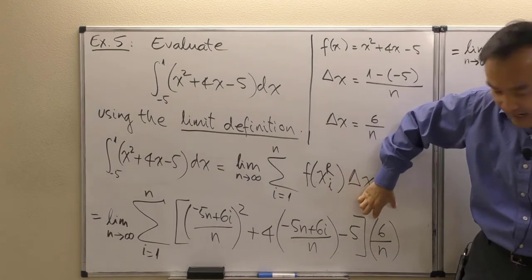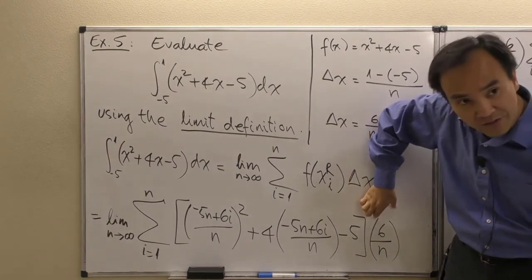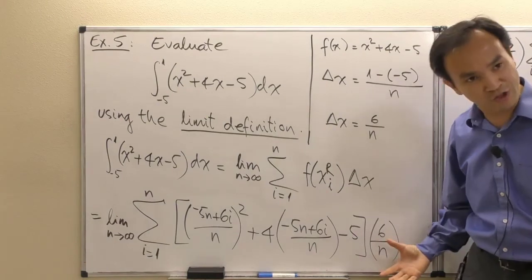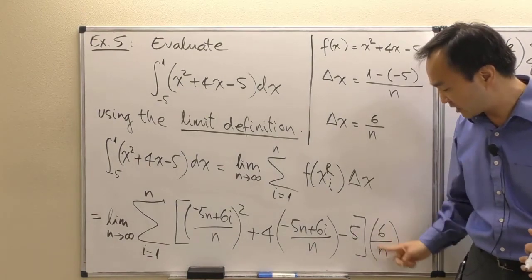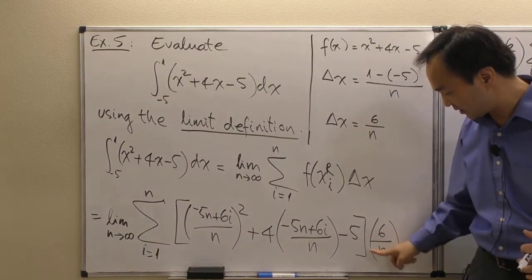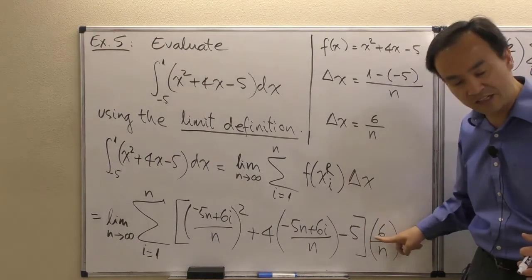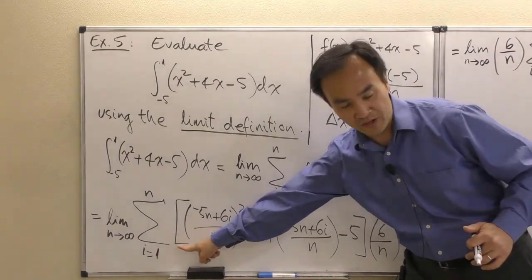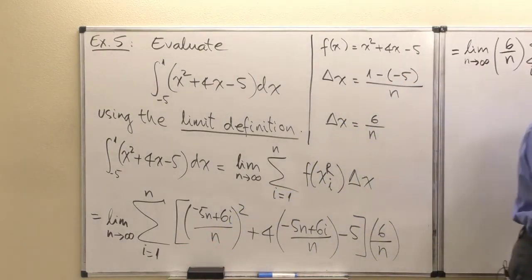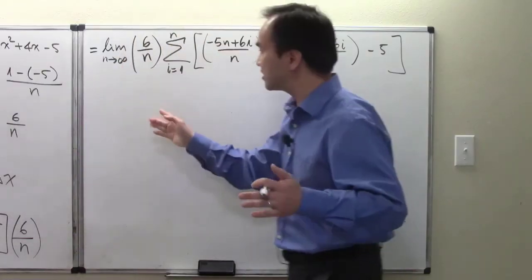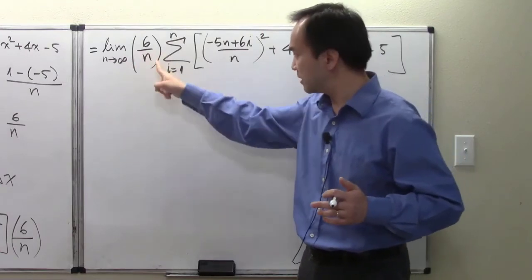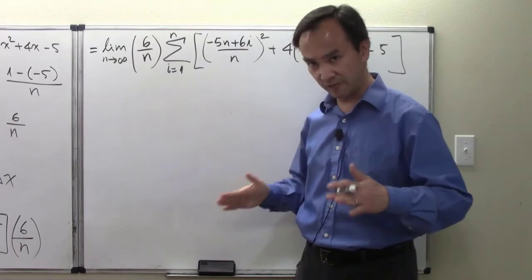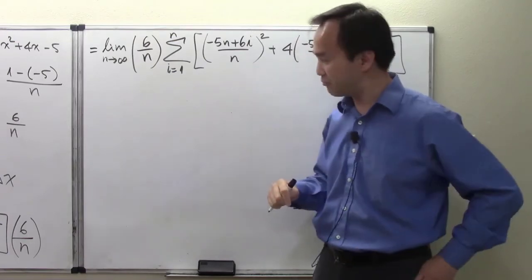However, as I have explained in my other video lecture, when we worked to train our skill on the operation with summation, this factor is the part independent of the ith position of any of our ith terms. So that is the reason why I can now successfully pull out that 6 over n in front, and I will continue doing that on a few other occasions throughout this problem.